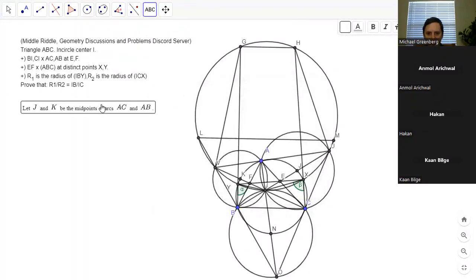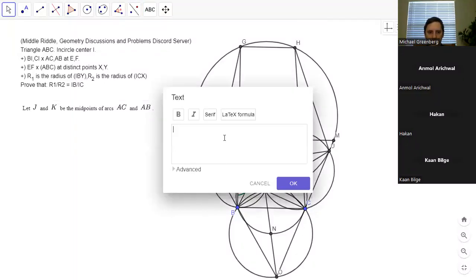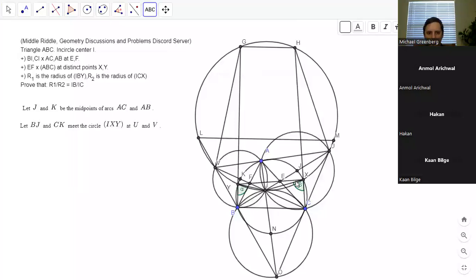And let BJ and CK meet the circle IXY at U and V. Then basically we can do an angle chase to show that, well, no, power of a point first.